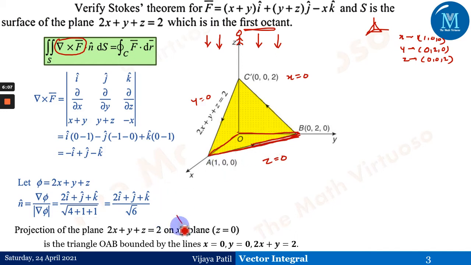It's in the xy plane, that means z equals 0, as I have said, and it is the triangle OAB bounded by the lines x equals 0, y equals 0, and 2x plus y equals 2.